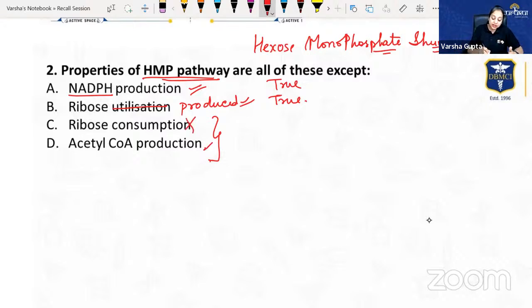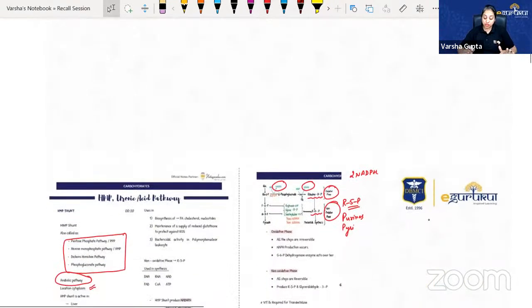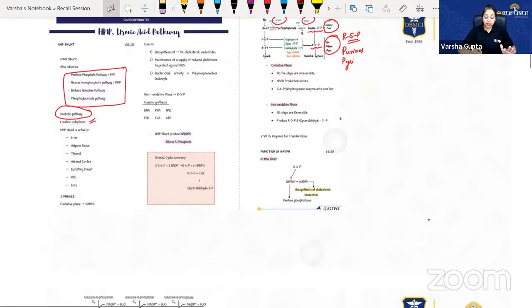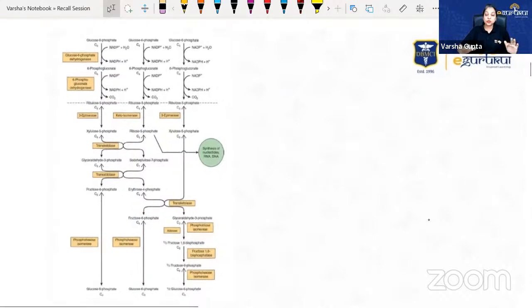So probably this is the correct choice based upon the knowledge we have received in the class, because we never go beyond that. But acetyl-CoA can be produced from HMP if you think a little bit more about it. This was the bigger chart which I have shown you also in the class, from Harper's. But we don't have to do the entire pathway because HMP is a big pathway.